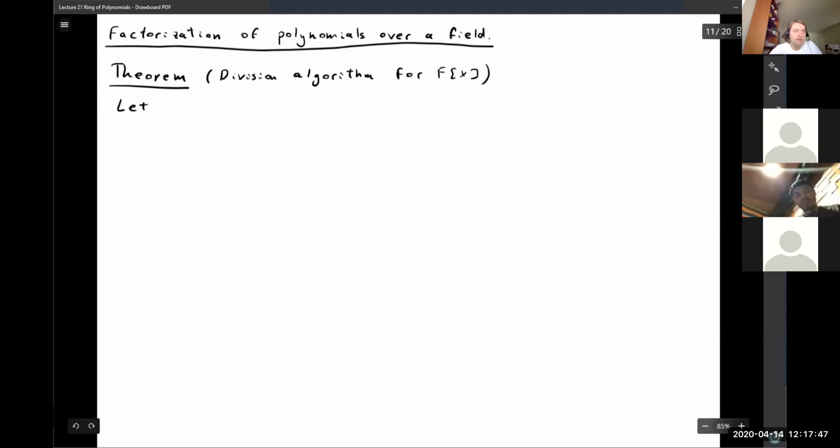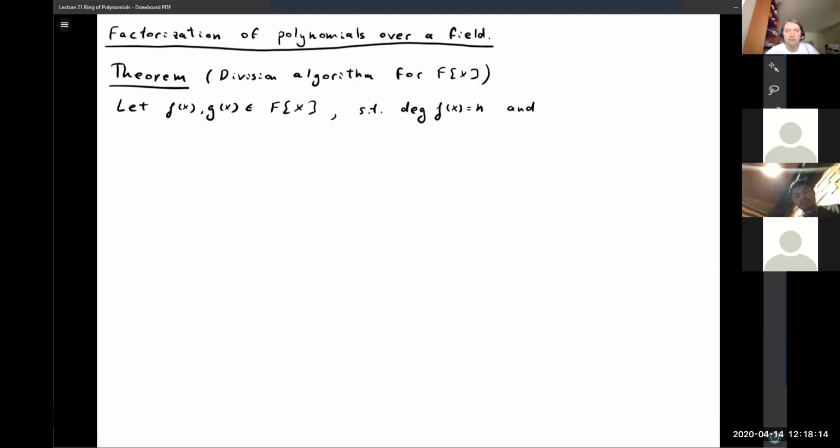Let f of x, g of x be two polynomials such that the degree of f of x equals n, and the degree of g of x is some m, and we assume that g of x is not zero.